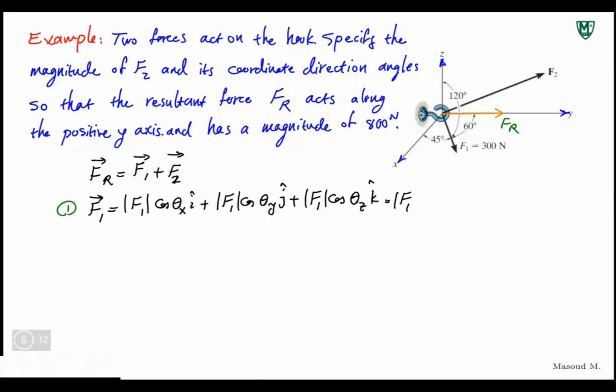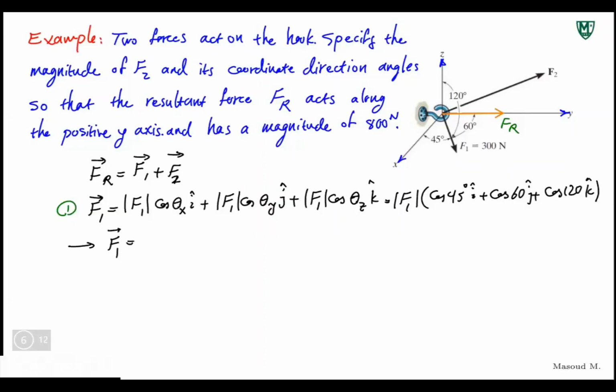So let's say I'll take F1 out, and I say cosine 45 degrees plus cosine 60 degrees. I'm just plugging in theta x, theta y, and theta z. And let's not forget i, j, k. So cosine 45 i plus cosine 60 j plus cosine 120 k. So this gives me F1. I can actually represent F1 as a vector. You do this math.